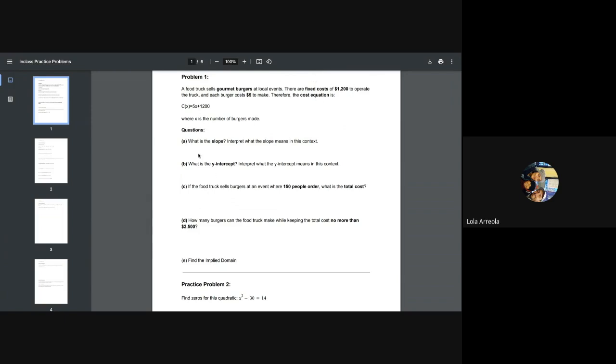Now to answer the question, what is the slope of this equation? They were able to represent this problem as a cost equation. And where do we get slope? Slope is the m value. So I could rewrite this cost equation like this if I wanted to.